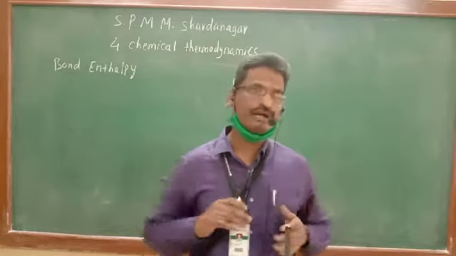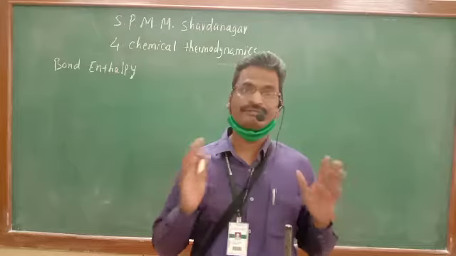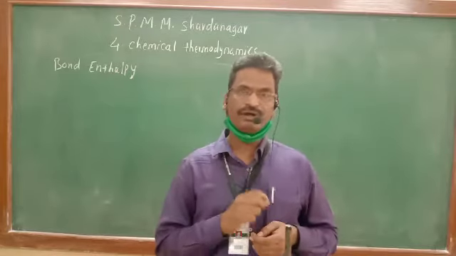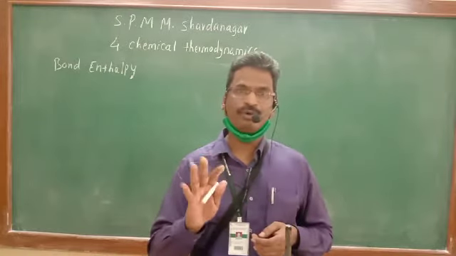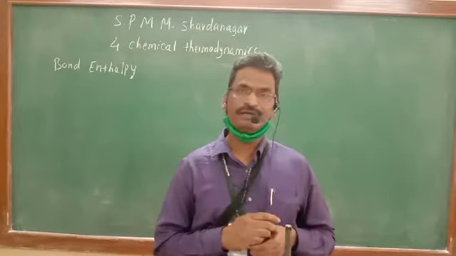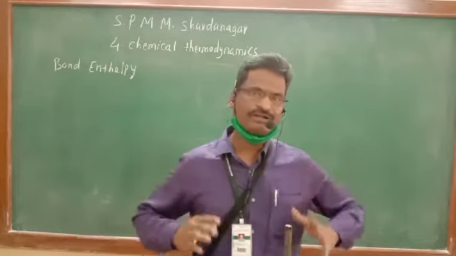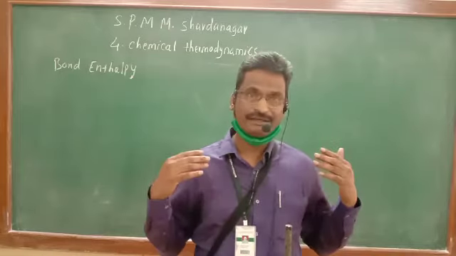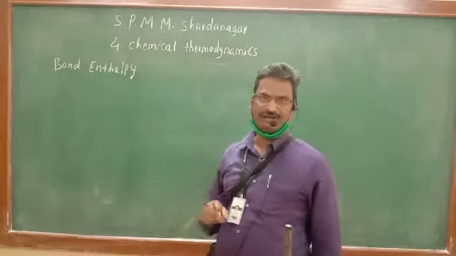All those molecules are broken and converted into the atoms. The enthalpy change required to break a particular type of covalent bond in 1 mole of gaseous molecule to convert them into gaseous atoms, or maybe gaseous radicals, is known as bond enthalpy.